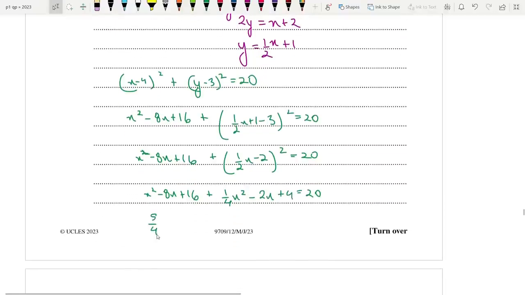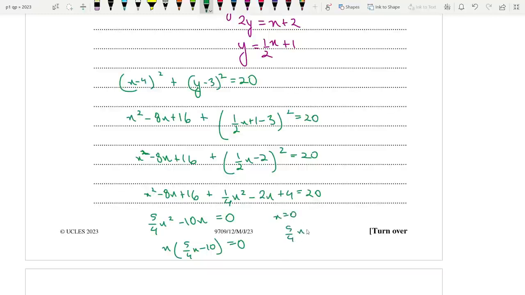So we end up with 5 by 4 x square minus 10x plus 20 minus 20, which is 0. We can take x common, so that's x into (5 by 4 x minus 10) equals 0. One of the answers is x equals 0, the other one is 5 by 4 x equals 10, so x equals 8. So x equals 0 and 8 are the x coordinates.